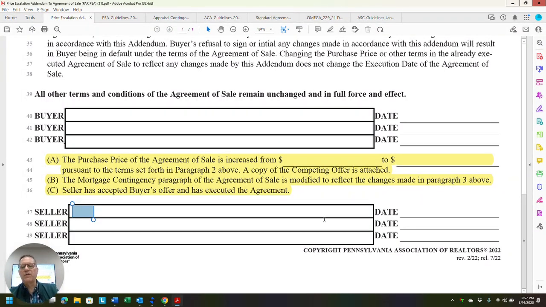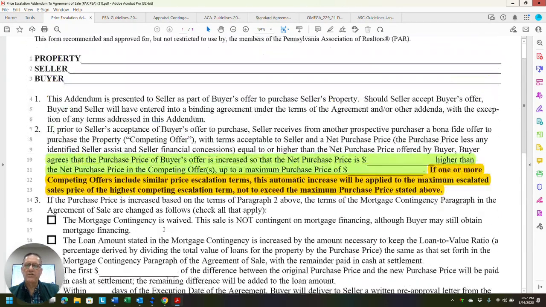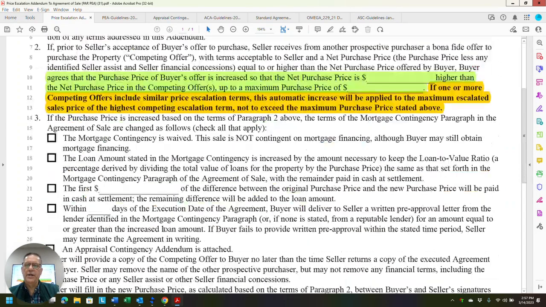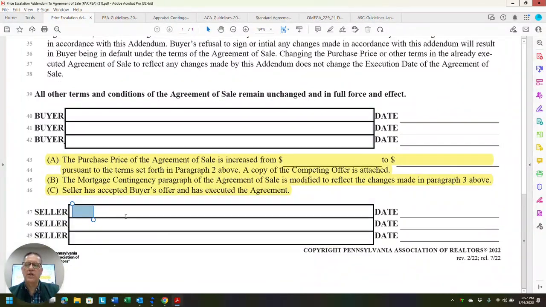So when you get an agreement of sale executed from a listing agent, you better be sure to submit that to your buyer immediately. And if there is a price escalation addendum included, make sure you include that as well.